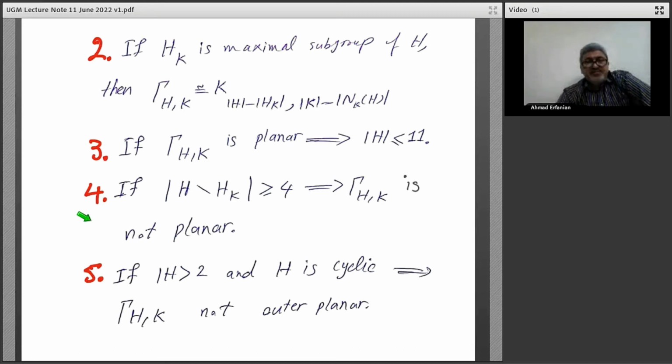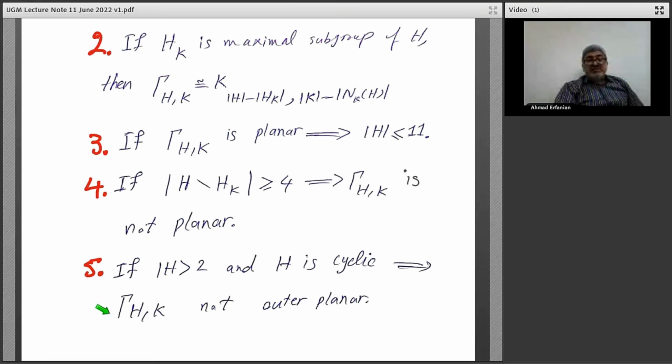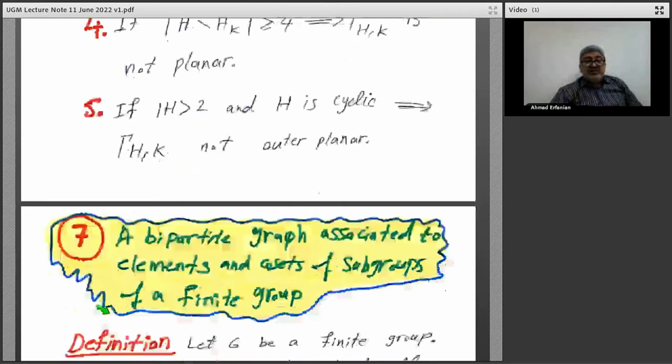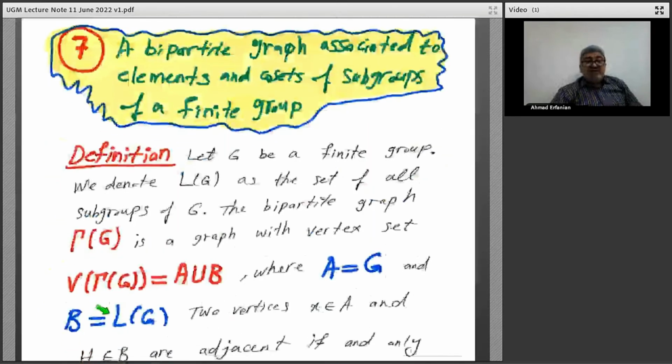The relative non-normal graph is planar if and only if the size of H is at most 11, and if the size of the first part is at least 4, then the graph is not planar. And if H is a subgroup with at least 3 elements, and H is cyclic, then the relative non-normal graph is outerplanar.